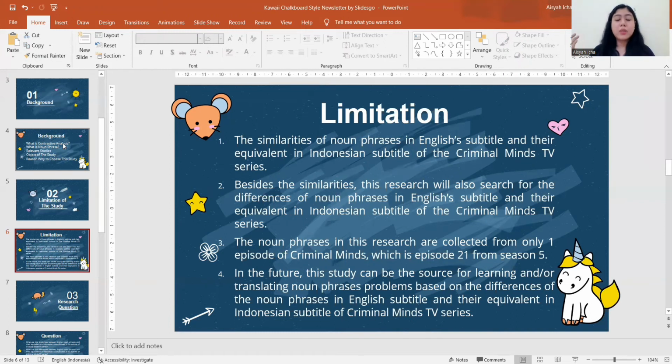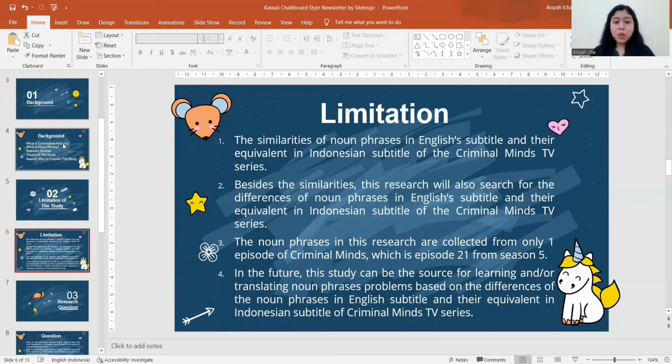And the second is this research will also analyze the differences of noun phrases in English subtitle and their equivalents in the Indonesian subtitle of Criminal Minds TV series, and then the noun phrases are collected from episode 21, season 5 Criminal Minds TV series.